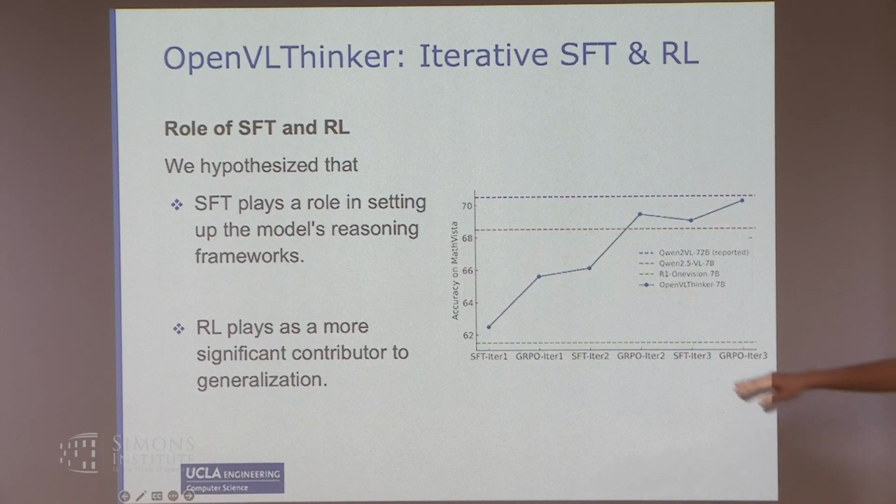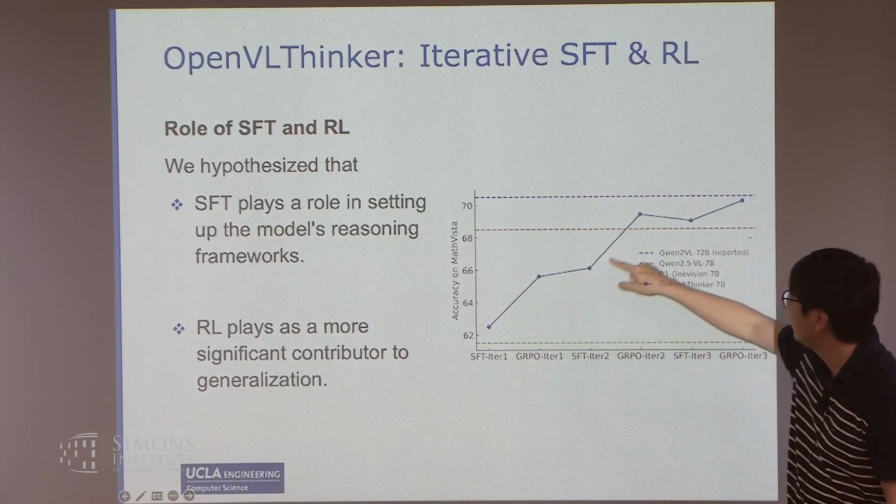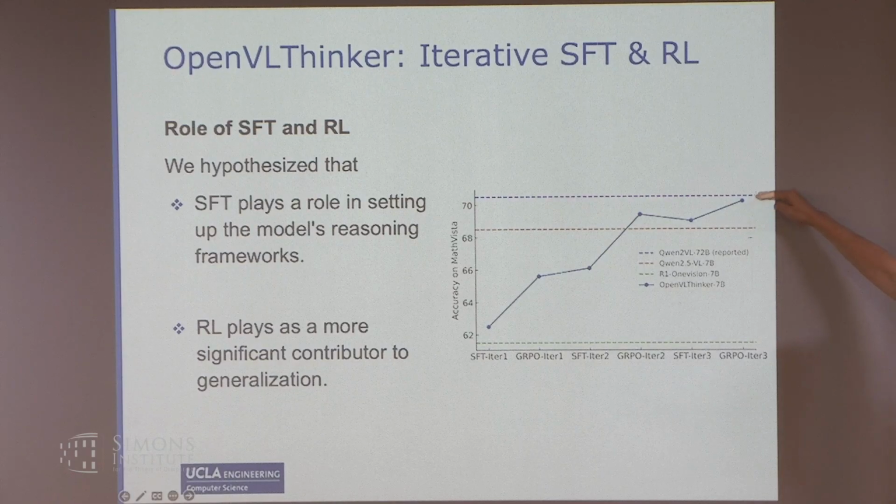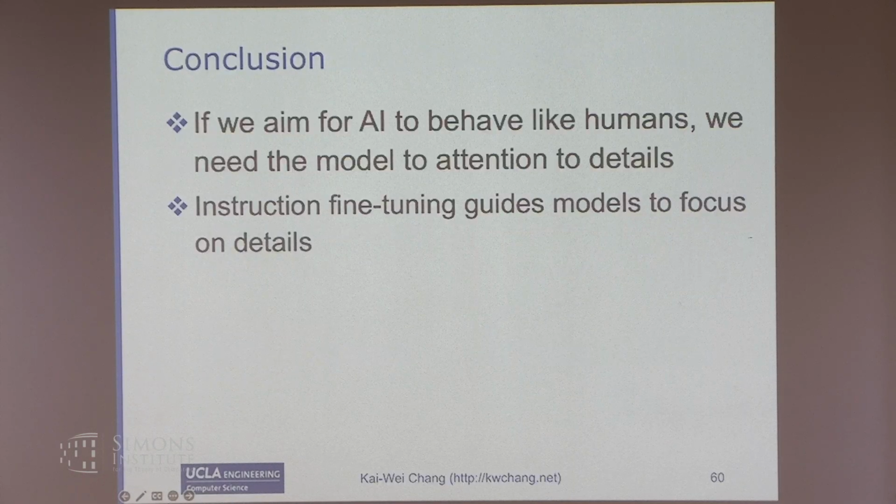If you do that, you can see that it gradually recovers its performance, and at some point beats the baseline model, and even achieves performance similar to a larger model. This is still work in progress, but we put the paper on arXiv, and hopefully we will achieve better results later.